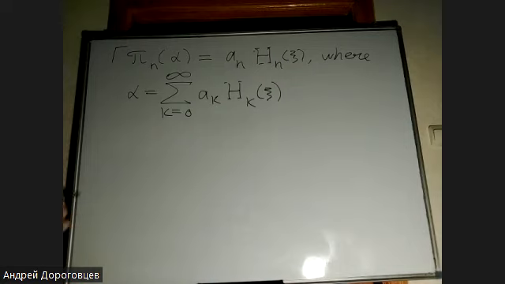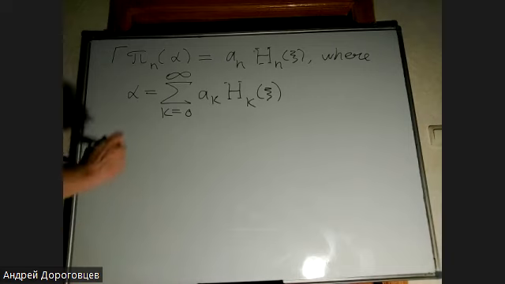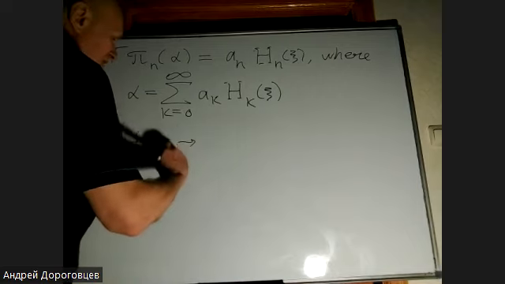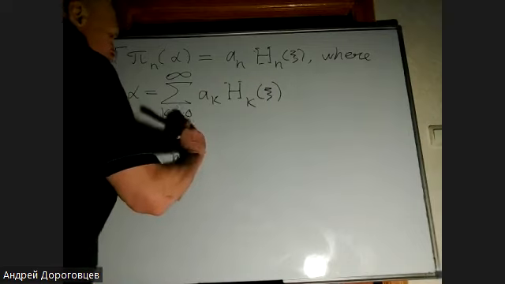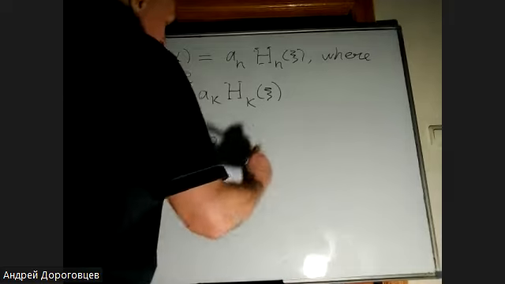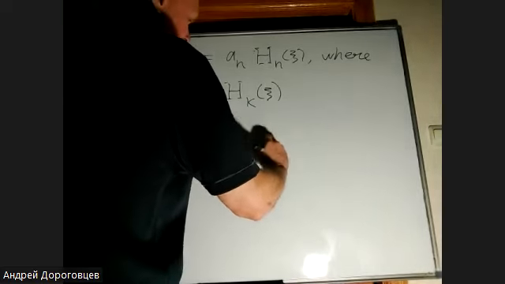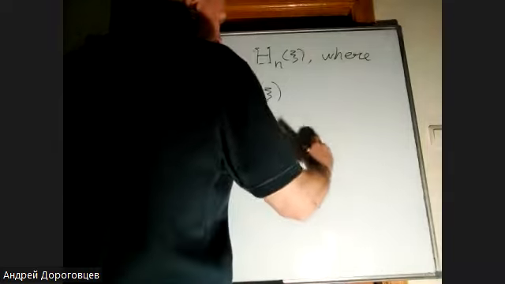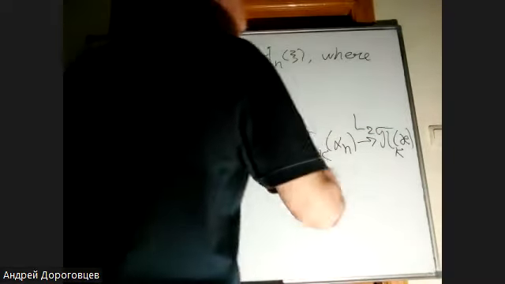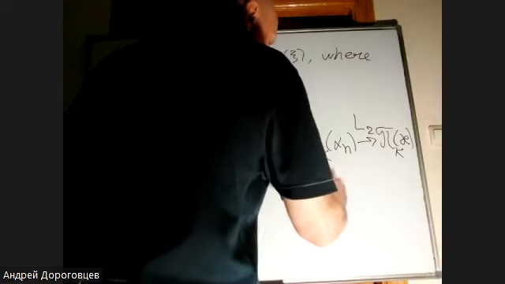Then it can be trivially checked that if α_n converges to our random variable κ, then P_k α_n converges to P_k κ, and it happens for any k which is greater than or equal to 0.